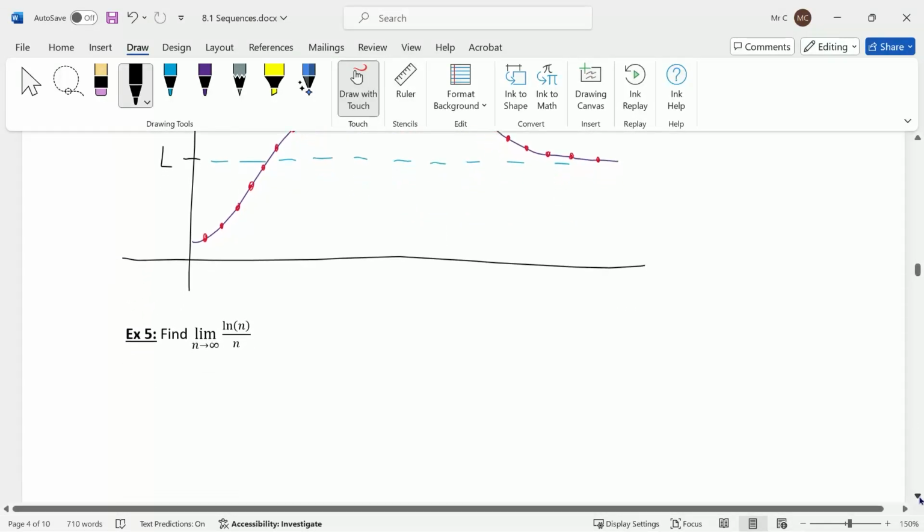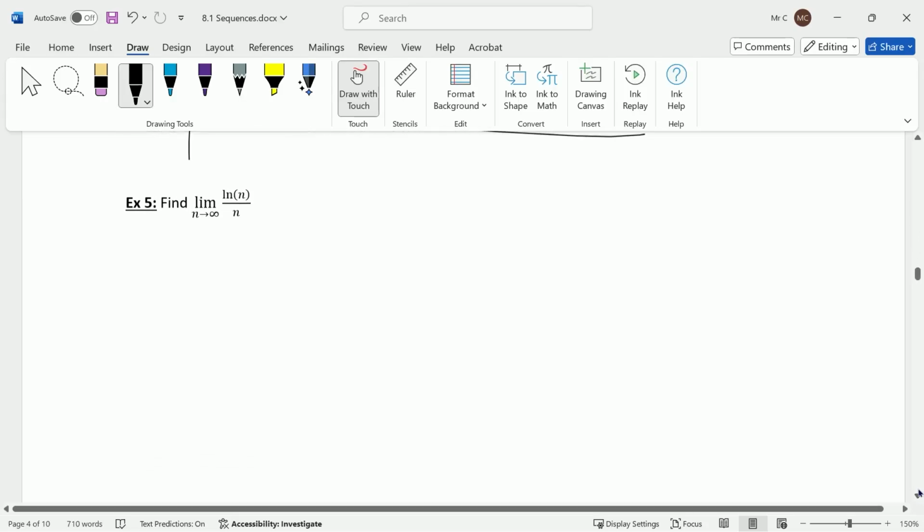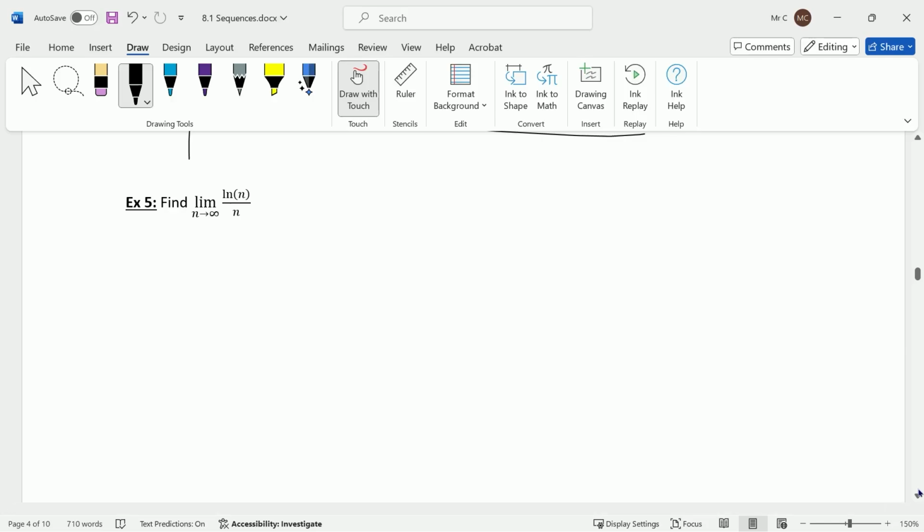Okay, so moving on, let's do an example. Find the limit as n goes to infinity of ln of n over n. So I don't have any algebraic way to evaluate this limit, and the only tool that I could think of offhand, this might look like a L'Hopital's rule problem. But L'Hopital's rule doesn't apply to sequences because sequences aren't differentiable, right?